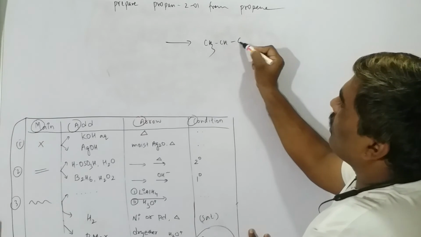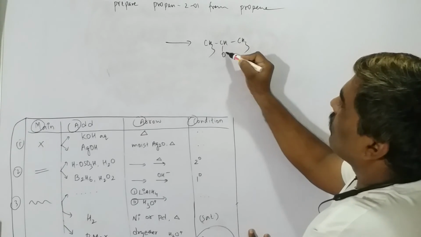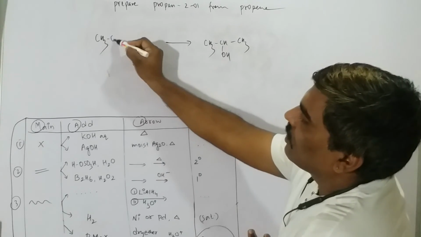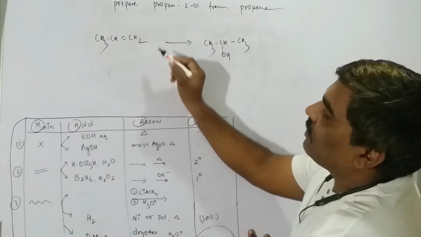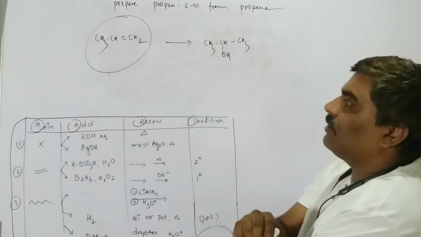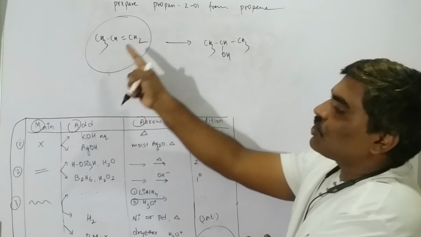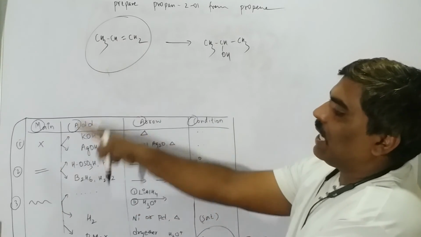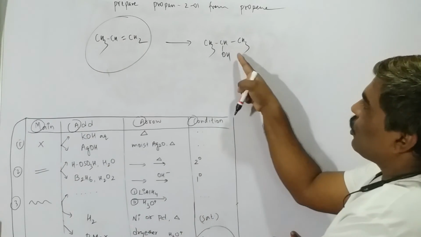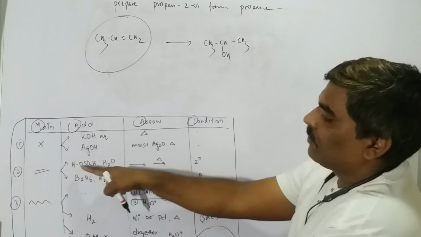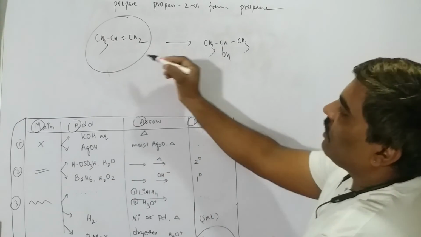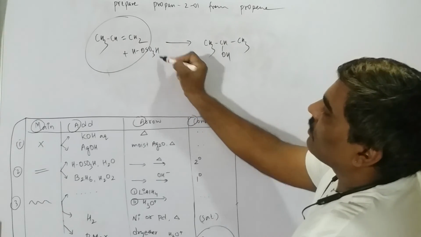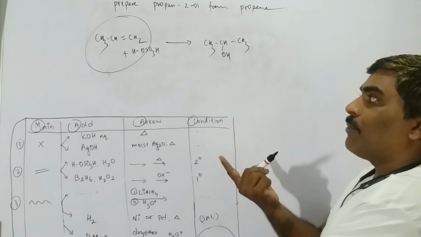We want to prepare propan-2-ol from propene. After getting this reactant, just search here. Double bond, alkene, but we want 2 degree, reaction with concentrated sulfuric acid.